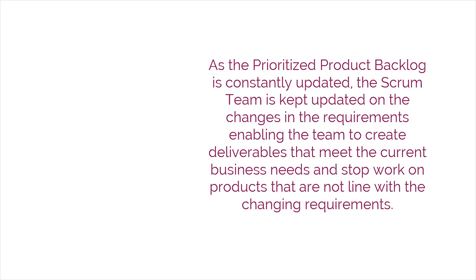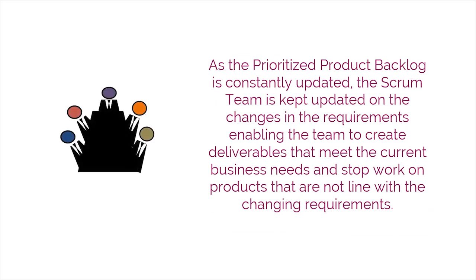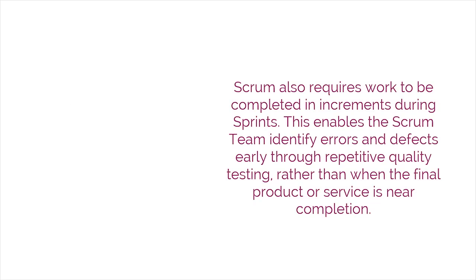As the prioritized product backlog is constantly updated, the Scrum team is kept updated on the changes in the requirements, enabling the team to create deliverables that meet the current business needs and stop work on products that are not in line with the changing requirements.